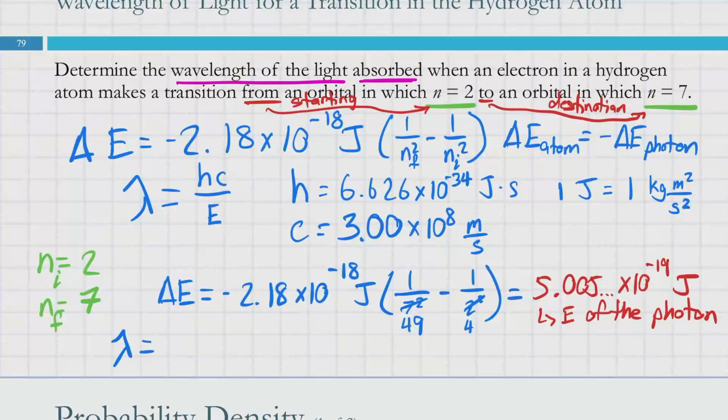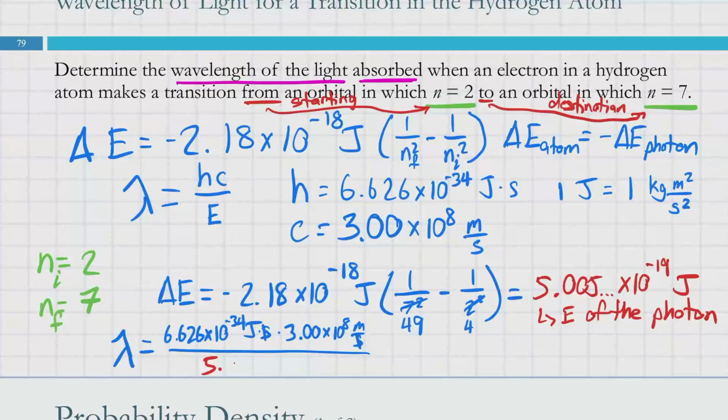So to calculate our wavelength, we plug in h and also c. And then we put our energy on the bottom.